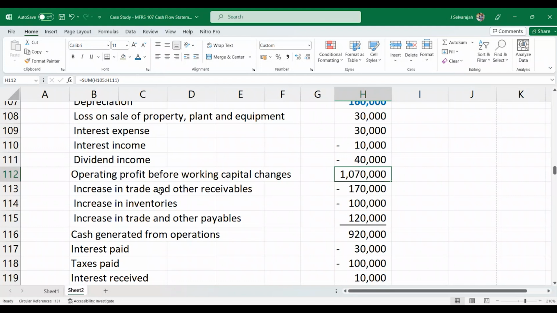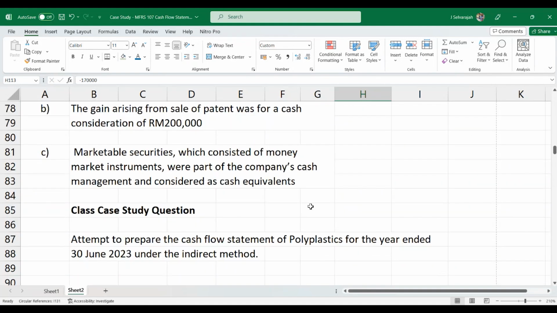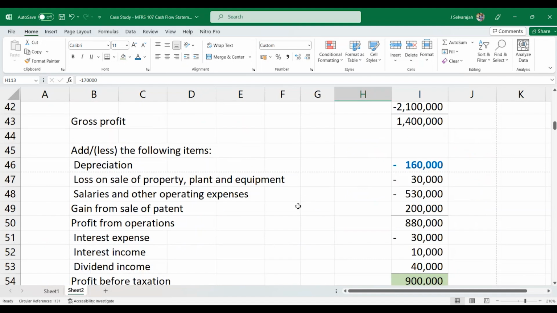Receivable. So in this case, when you have an increase in the asset, what does it mean? It means there's an outflow of funds. That means you have given credit to a customer, he has not paid you. So from the working capital change, we put on 170,000. All right. An increase in inventories because we bought additional inventory. All you need to do is compare last year and this year. All right.